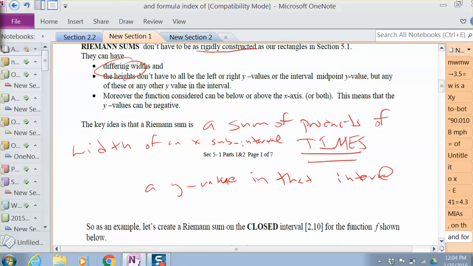So we will see some examples on the next page of how this can look.